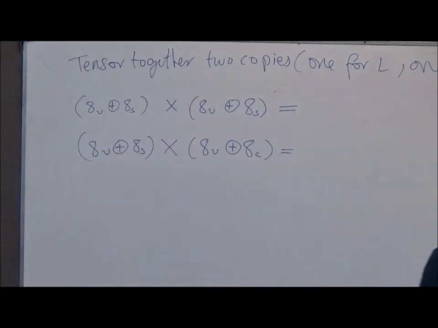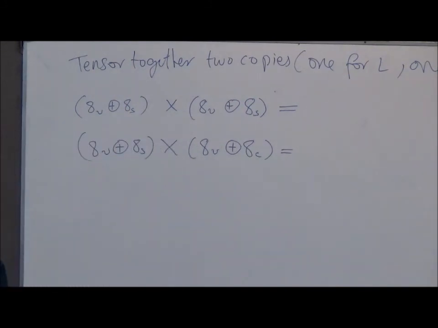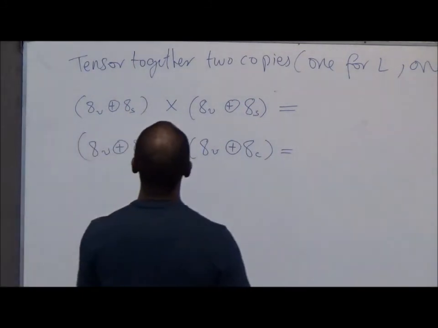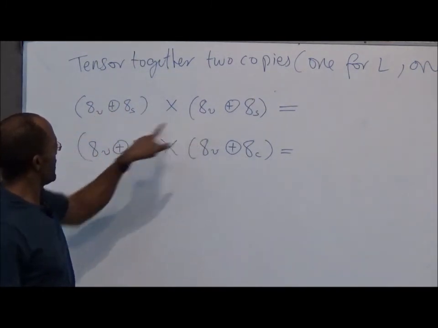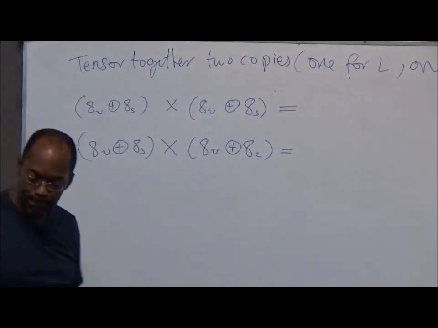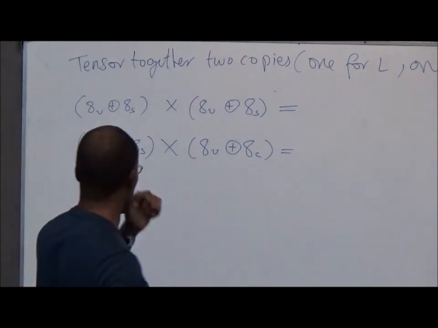So 8 times 8 is 64. Okay, and the 2 important ways I'm going to write 64, I'm either going to write it as 8 plus 56, or I'm going to write it as 1 plus 35 plus 28. Okay? And that's about as hard a calculation as I'm going to do today. Right, the second comes from the common Neveu-Schwarz sector.